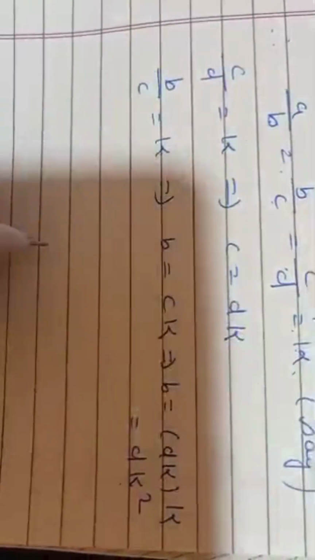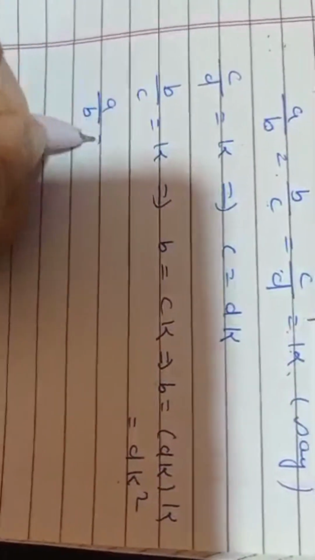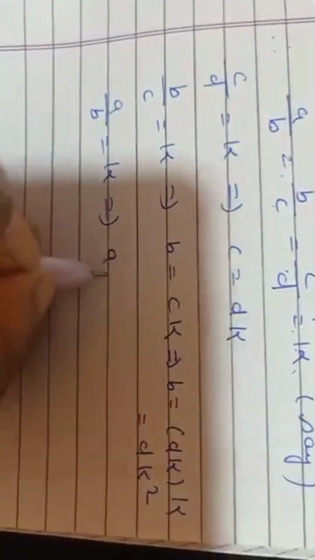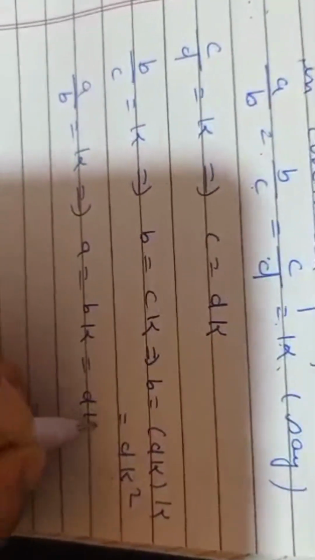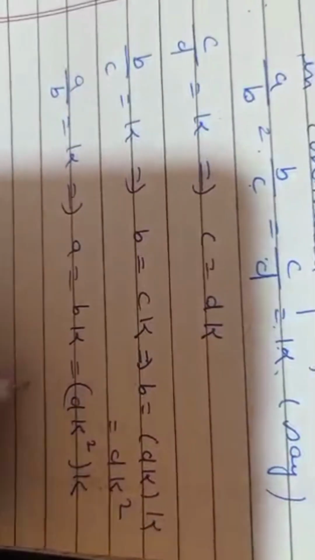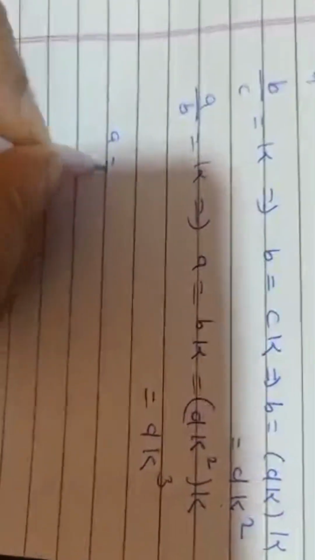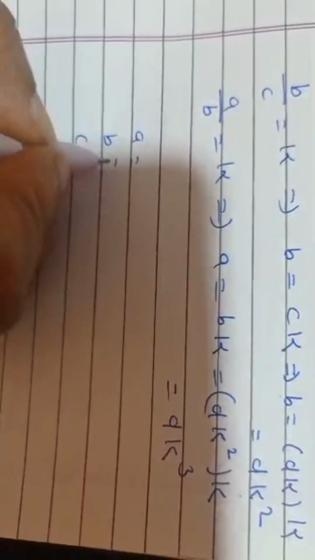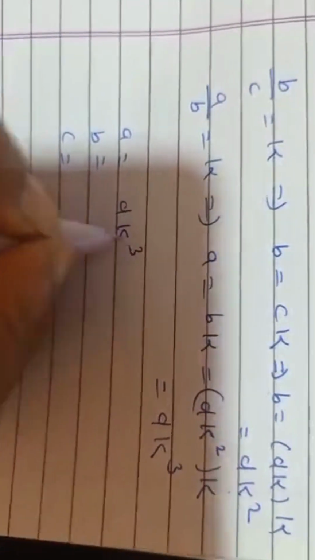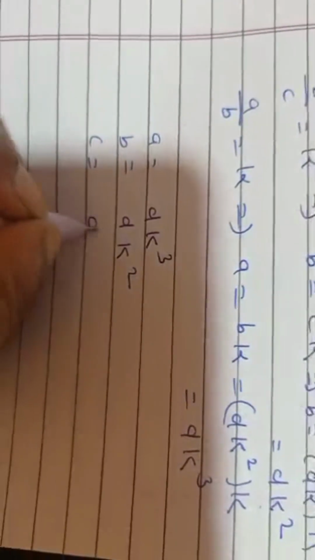Also A upon B is equal to K, which implies that A is equal to BK. Now putting the value of B, A is DK square into K, that is DK cube. Now I am writing A, B and C: A is equal to DK cube, B is equal to DK square, and C is equal to DK.